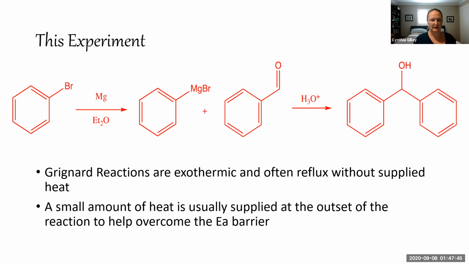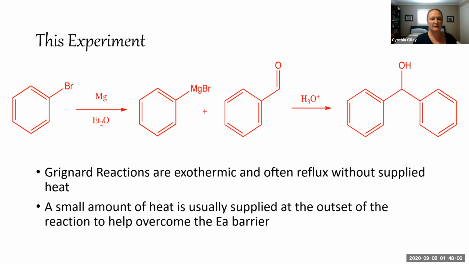Why do you then see people using some heat supplied at the beginning of the reaction? That's just to give the reactants enough energy to overcome the activation energy barrier to form the Grignard reagent. Once that's formed, it's all downhill in energy from there.